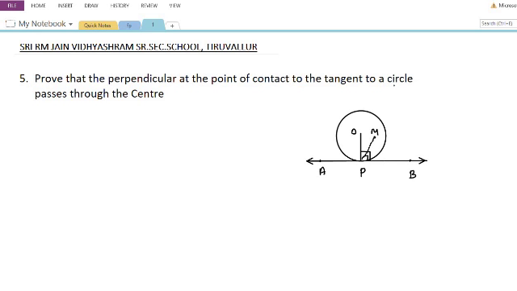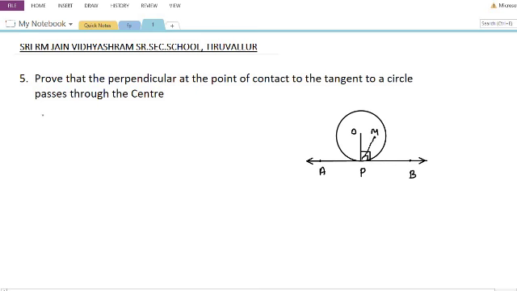But what we have to prove is that the line OP passes through the center point O. So we are going to just assume the contrary, that there is a center M, and I am going to construct a line such that MP is also perpendicular to AB and prove whether it passes through the center or not.